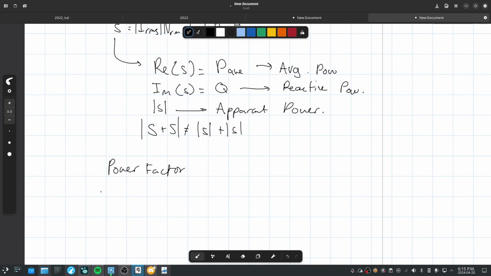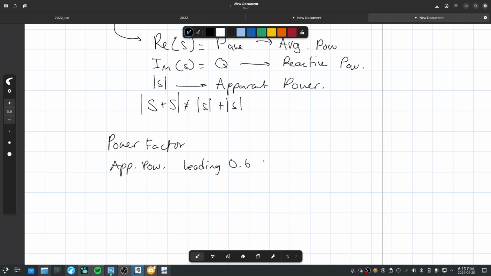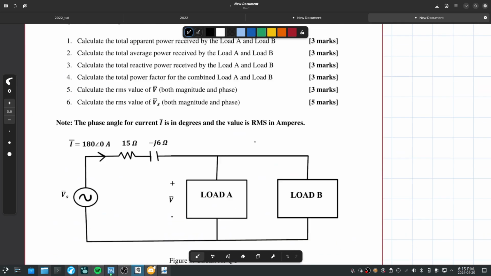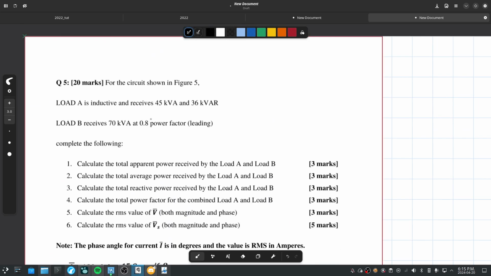For example, you could be given some apparent power S with a power factor of 0.6 leading. This will appear on the question. It is in the 2023 one, if we look here, you get 0.8 power factor leading.